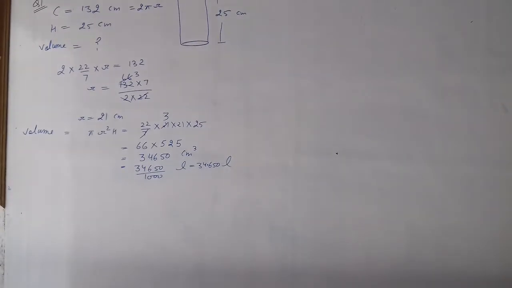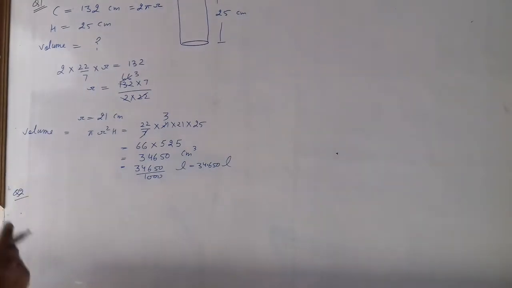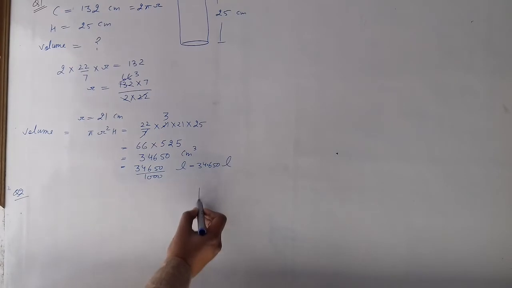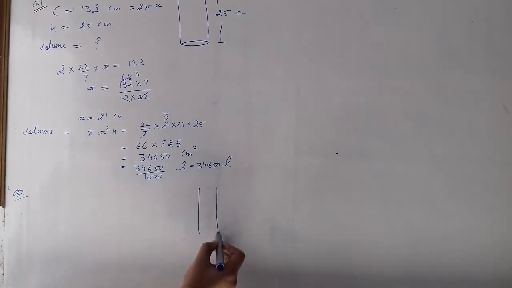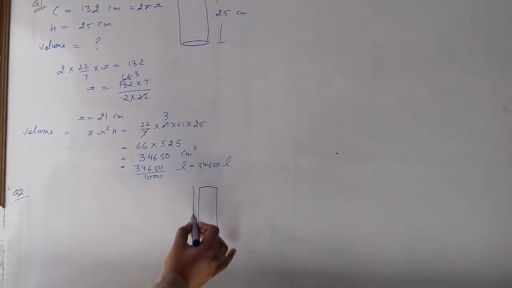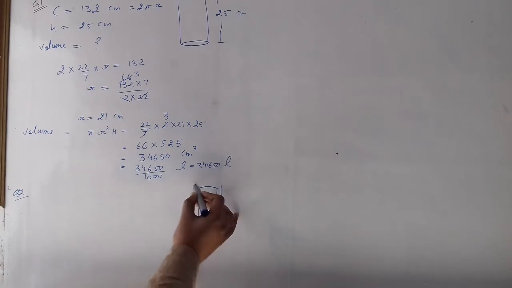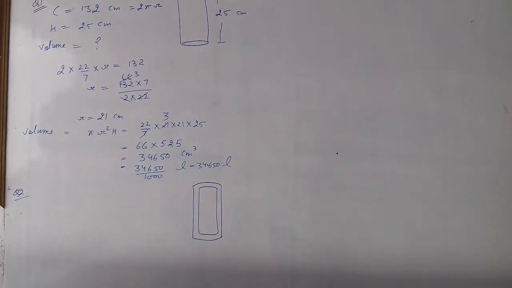See this question number 2, containing inner diameter of cylindrical wooden pipe. You are having a wooden pipe like this, right? And this one is the outer. This is cylindrical pipe.